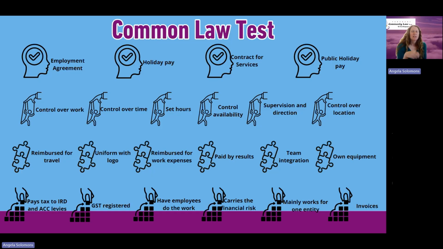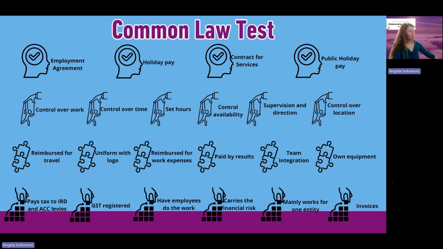And what the court is doing is looking at a range of different factors across these 4 kinds of areas to try and work out in total whether someone's an employee or a contractor. So you can have some things that point towards being a contractor and then other things that point towards being an employee. The question is which way is more, right? So you've got 1 or 2 things that point towards being a contractor, but everything else points towards being an employee. Then you are more likely to be an employee, and that's what the court will find, and vice versa.